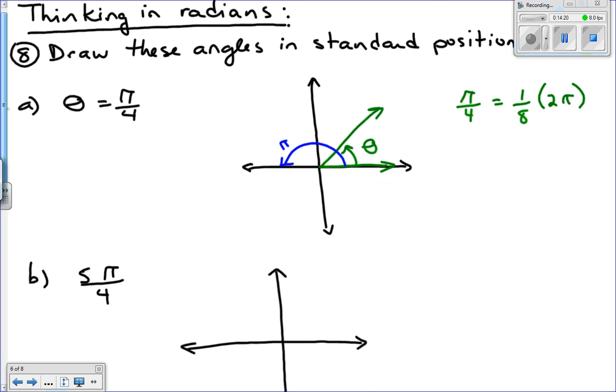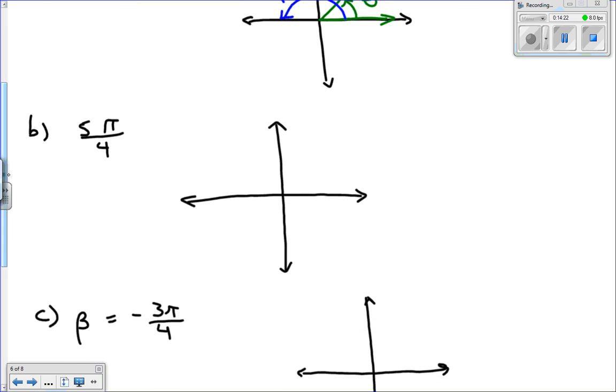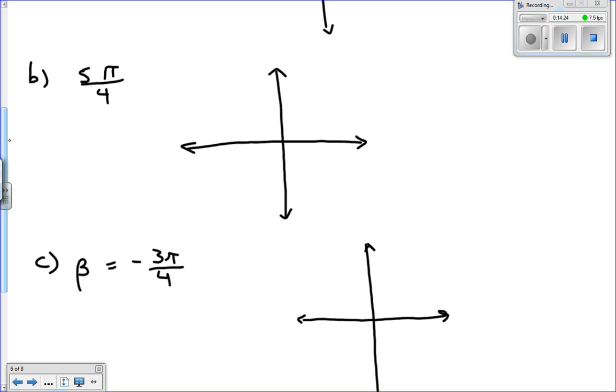So if we look at B, I want 5/4 of pi rotations. So you may want to think in terms of going 5/4 of pi rotations. So I'm going, here's 4/4, and so 5/4 is 1/4 more.